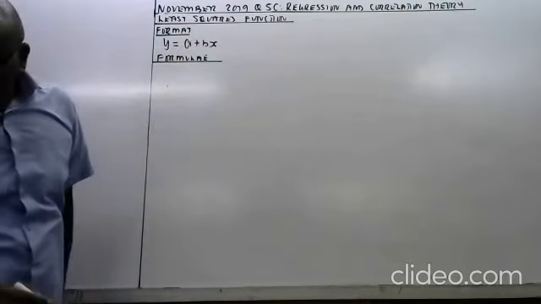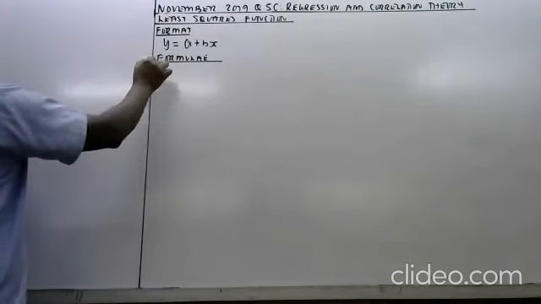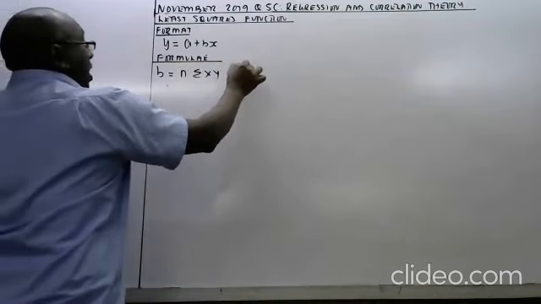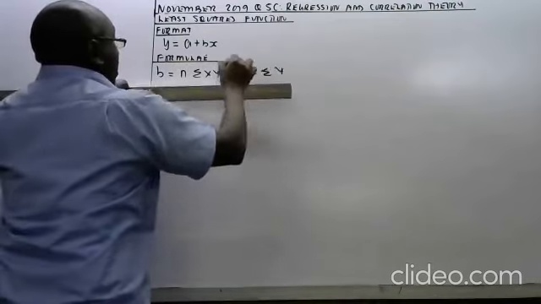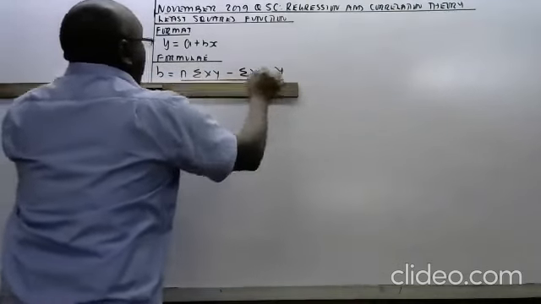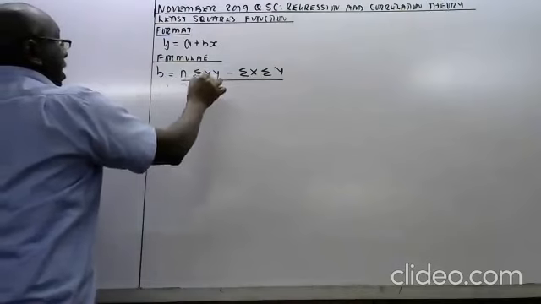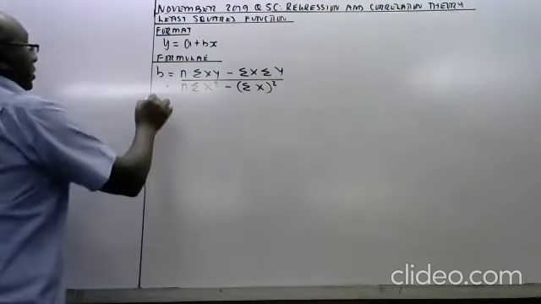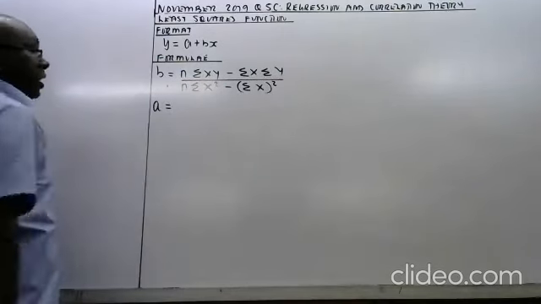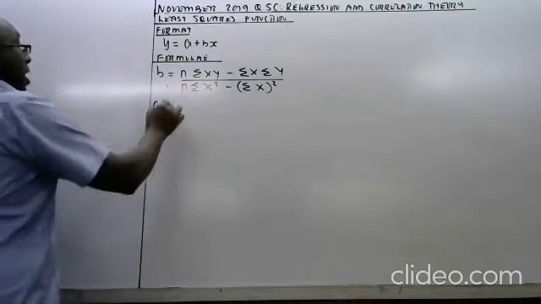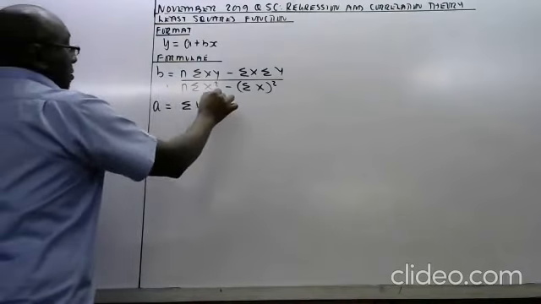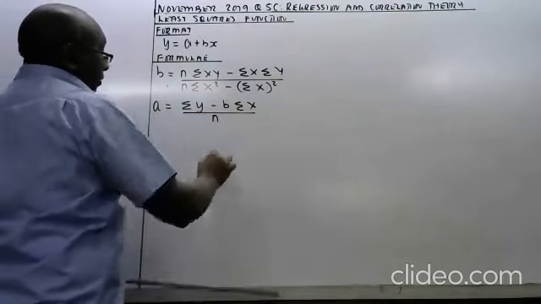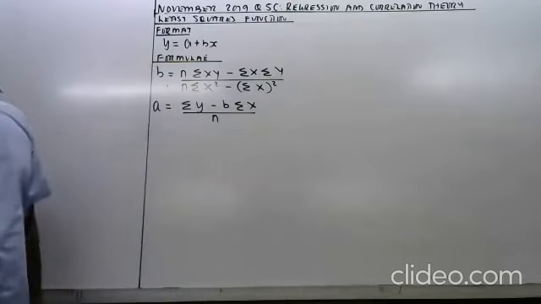The formula for b is given as n sum of xy minus sum of x sum of y, divided by n sum of x squared minus sum of x, all squared. And the formula for a is sum of y minus b sum of x, divided by n.